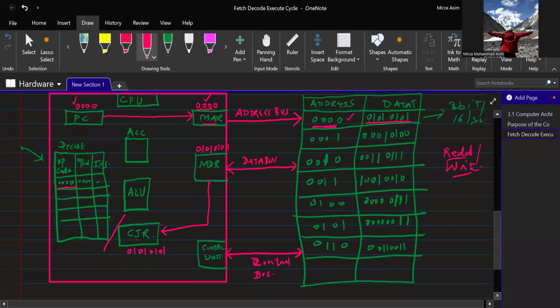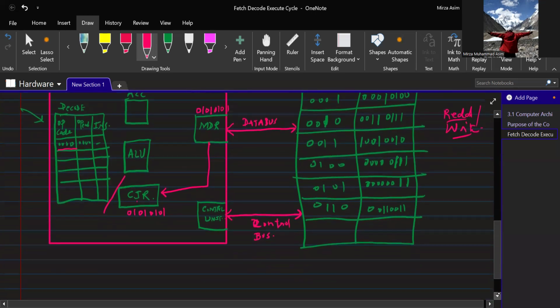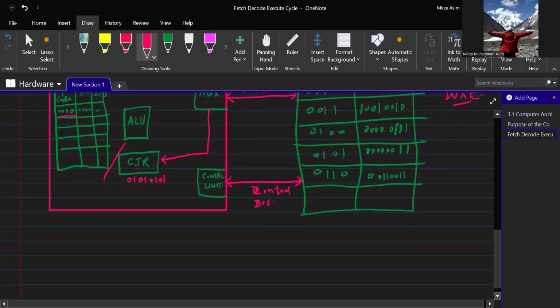For IG1 and IG2, you just have to understand that decode happens here, then execute happens. For IG3 and AS students, you have to understand the concept now. Remember that this is an instruction, 01010101, and an instruction is composed of an opcode and an operand.